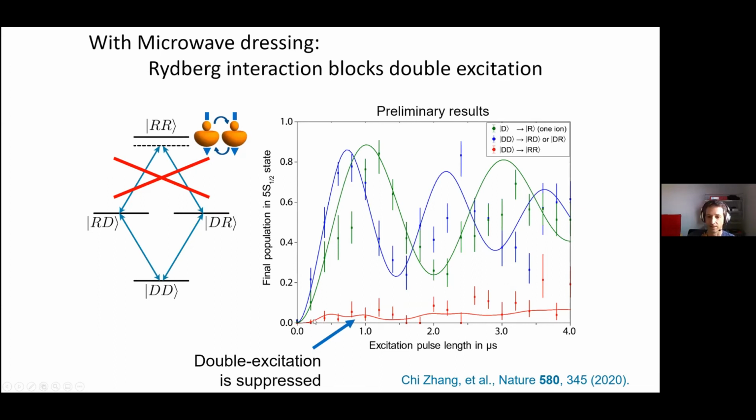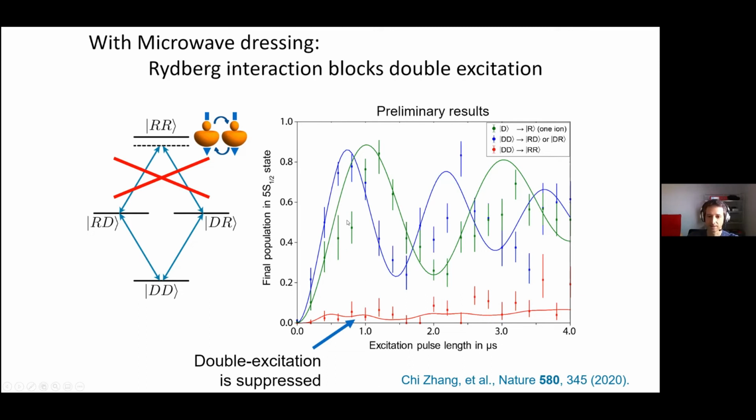And what you see here in the data is what we would expect: the green curve of a single ion being excited to the Rydberg state, the Rabi oscillation, follows the same curve as before, but the red curve now is very, very strongly suppressed, which means it's no longer possible to excite both of the ions at the same time into the Rydberg state. So we actually see this shift out of resonance of the two ions being excited into the Rydberg state, and due to that, the Rydberg blockade is proven.